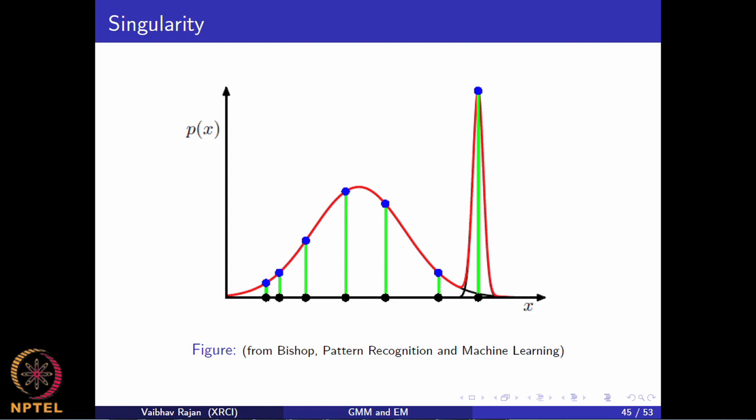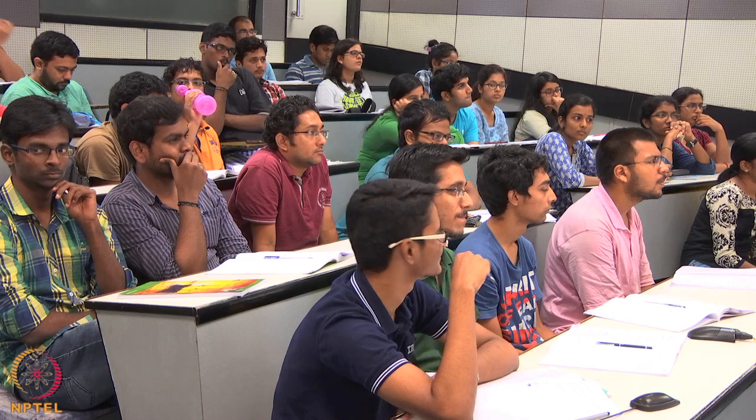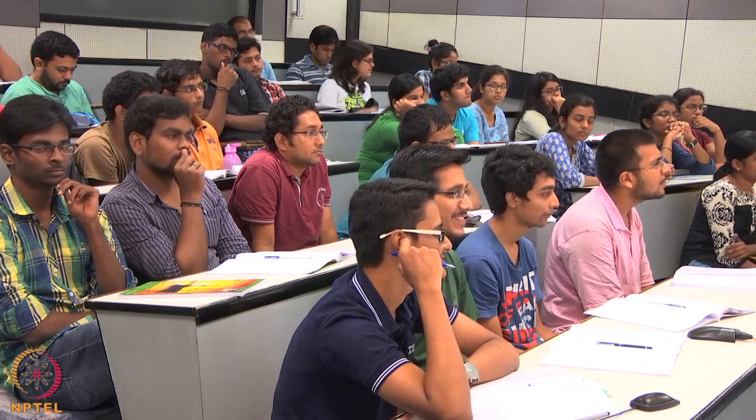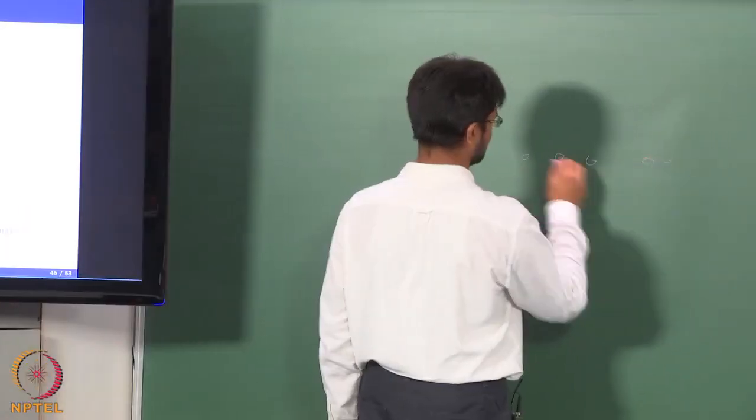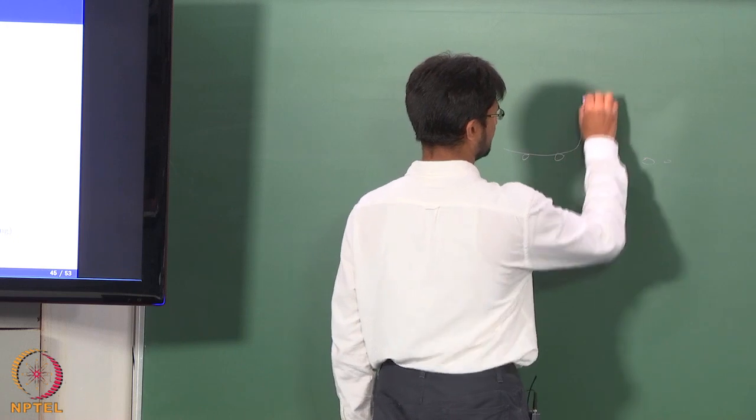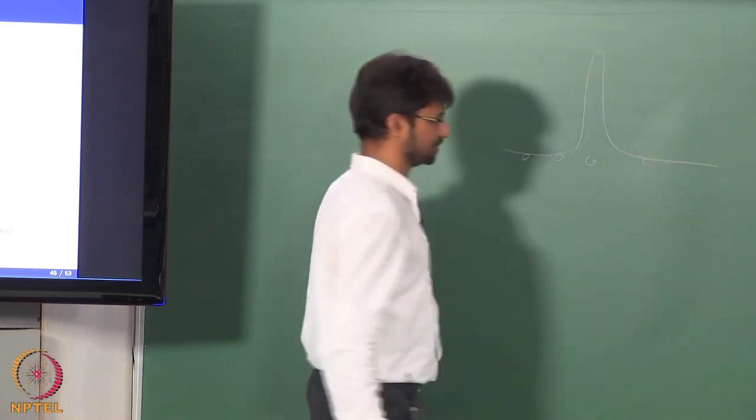So when you try to do this with just a single Gaussian, do you think you will get this problem? Why? Yeah, but suppose I give you a unidimensional case, and I fit this one Gaussian here.